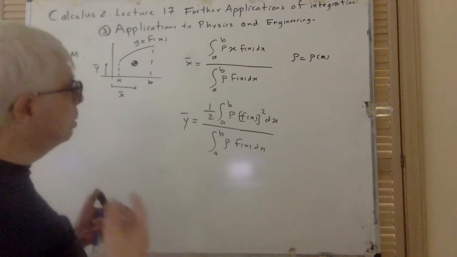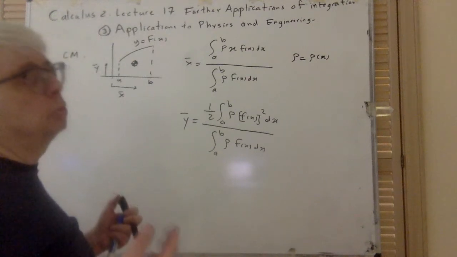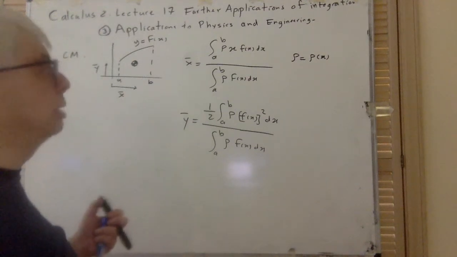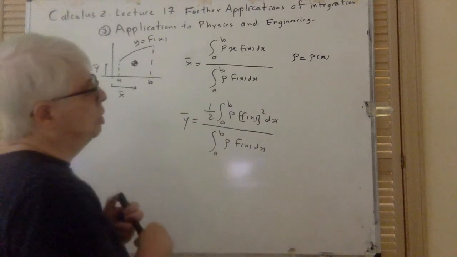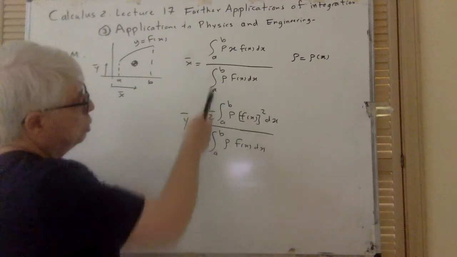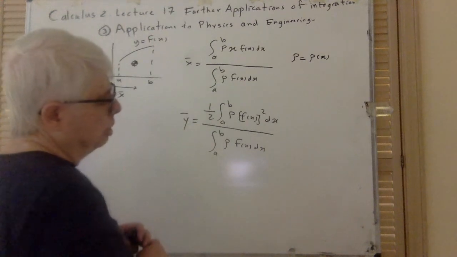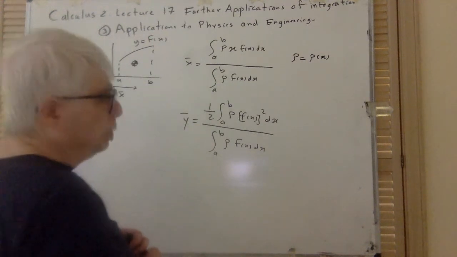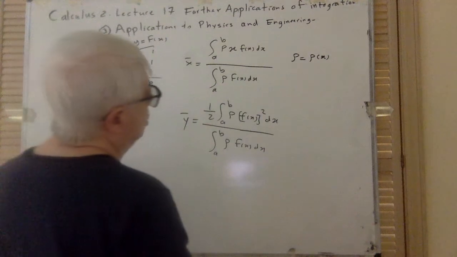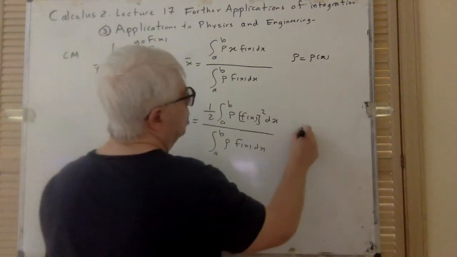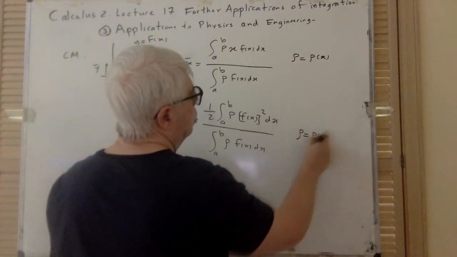If they say this thing has this much mass, then don't calculate mass. When you're finding x bar and y bar, I have seen students calculating this twice. Just find the mass once, and that's it. Again, here I'm assuming that rho is a function of x, otherwise you can cancel rho.